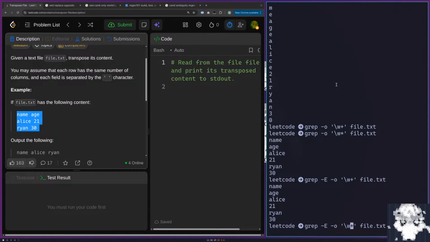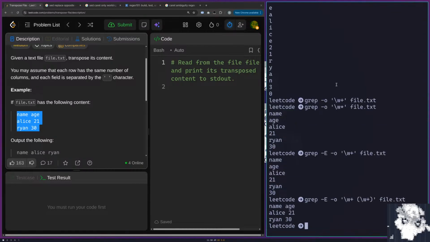All right. So what I want is kind of weird, but if I do this, and I have parentheses around this one, then I want to only output that. What does -o do?